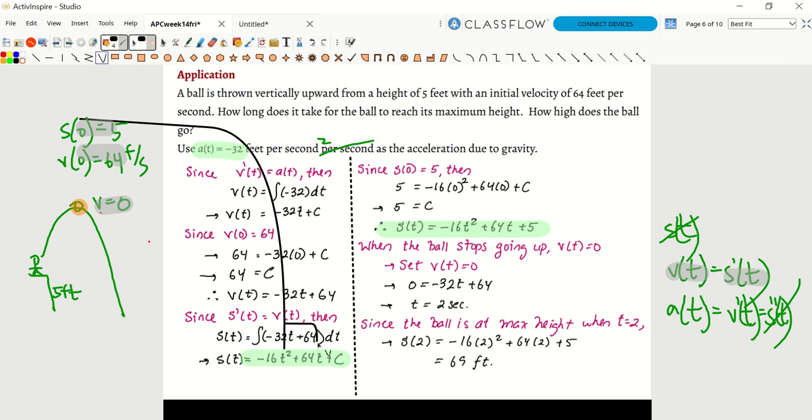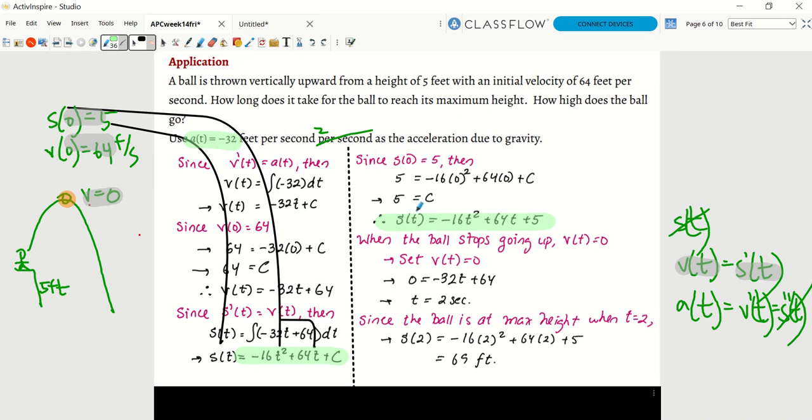Okay, boom, boom, and then plug in the 5 right here, which brings us to here. And then we get c equals 5. Okay? All right? And that brings us to this function. So as of now, we have the v of t and s of t and a of t. Okay, a, v, and s of t. Now we're ready to rock and roll.